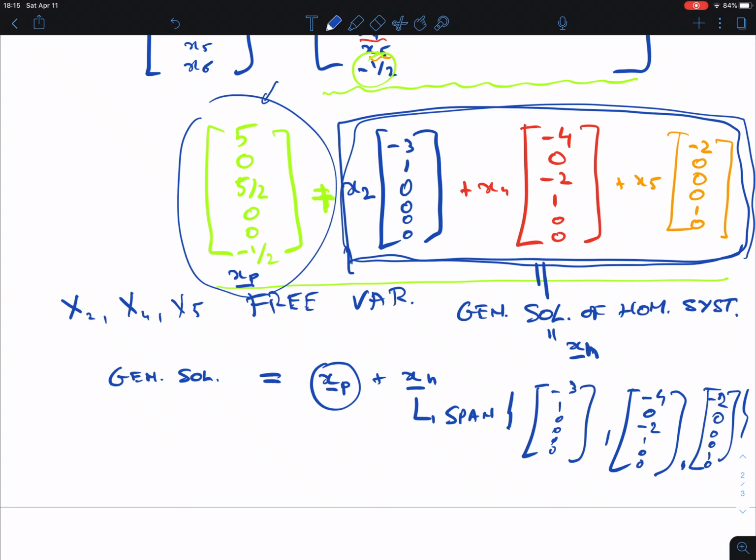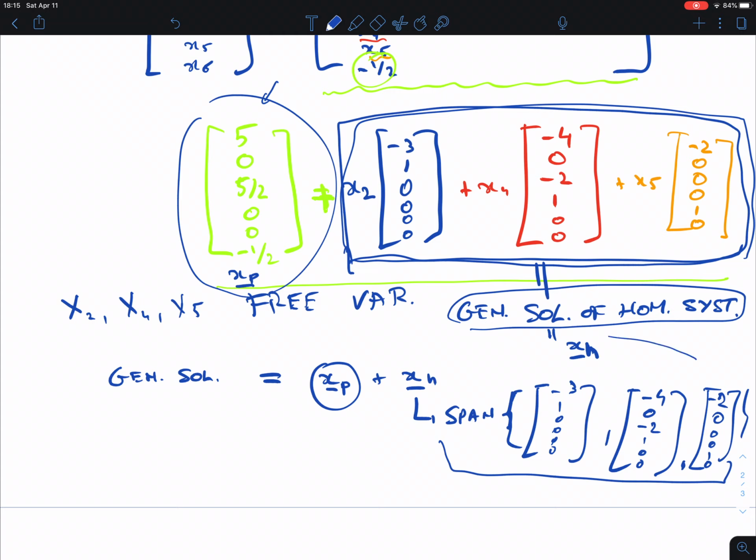And so what we see is, first of all, if you remember this, go look at the back or look at the notes. The span of vectors, that's a subspace, right? And we also said that the general solution of a homogeneous system of equations forms a vector space, and we already mentioned how, given a homogeneous system of equations, we can find the vectors that span it.